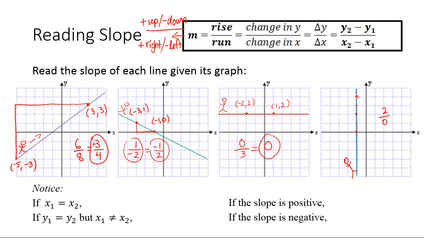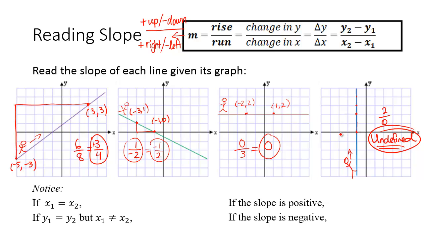But no matter what I choose, I get some number over 0. Can I divide by 0? Check on your calculator. No, you can't. It's actually an undefined slope. So this person can't actually walk up this vertical slope. It's an undefined slope. Maybe they can put some climbing gear on though.